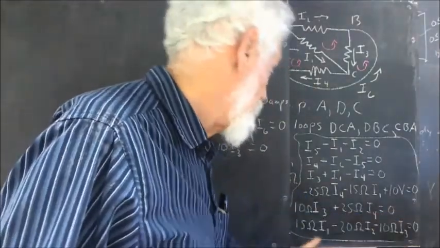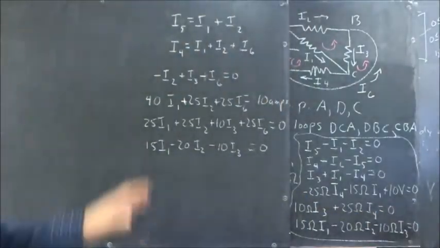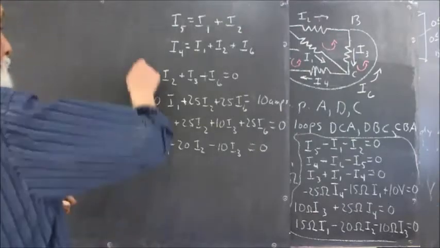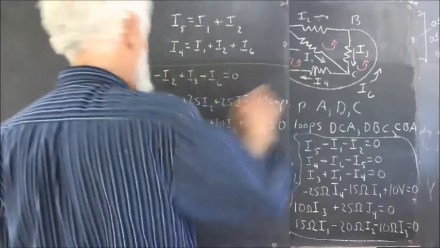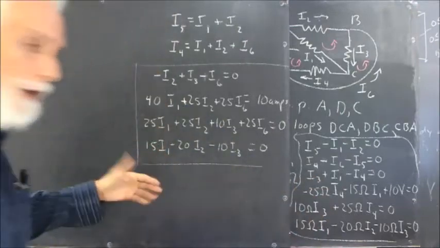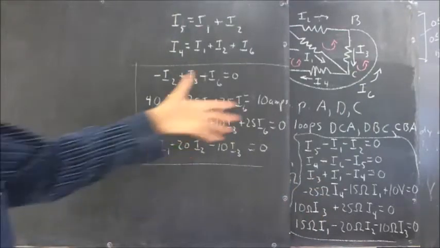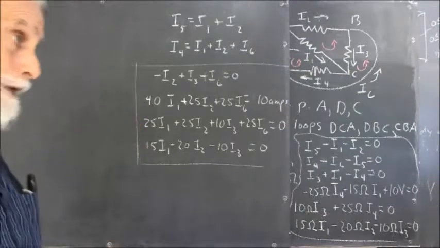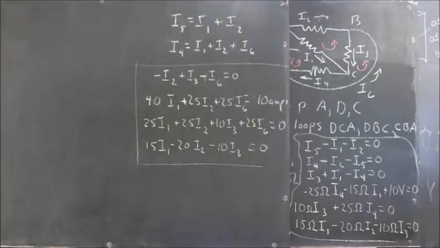The last equation has no I1, no I4 and no I5, so that's simply it. So I now have a system of 4 equations and 4 unknowns, which is a lot better than having 6 equations and 6 unknowns. These steps, if you write them out carefully, can actually be done pretty quickly.